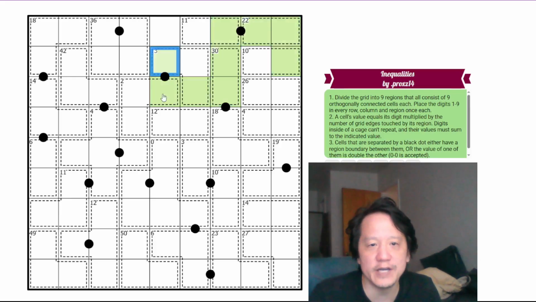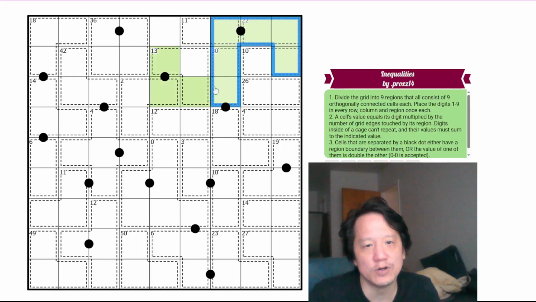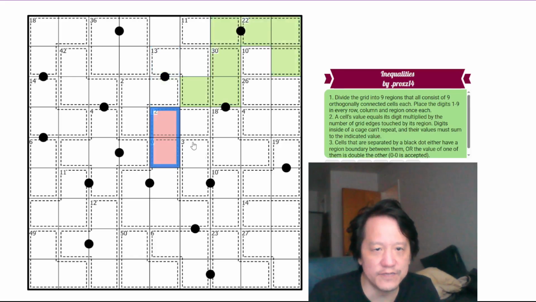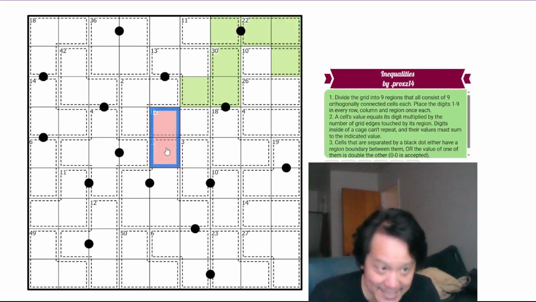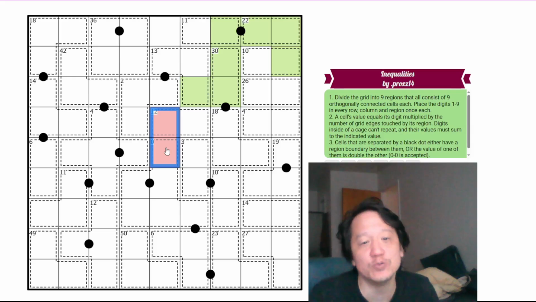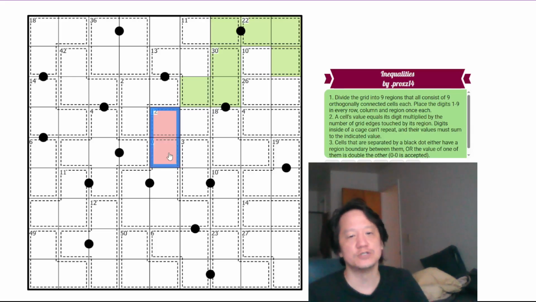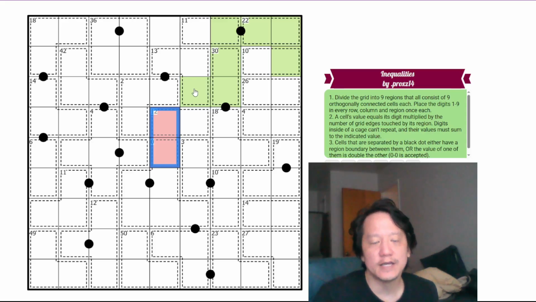It means you can go from any cell in the region to any other cell in the region just by going through edges while staying within the region. So this is an example of a valid orthogonally connected region. This is invalid because these two cells cannot connect to the rest, even though they can connect to each other by going through edges while staying within the region.